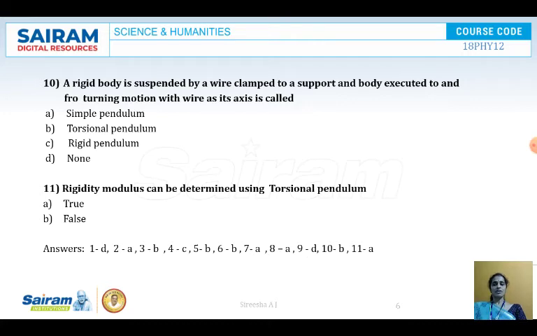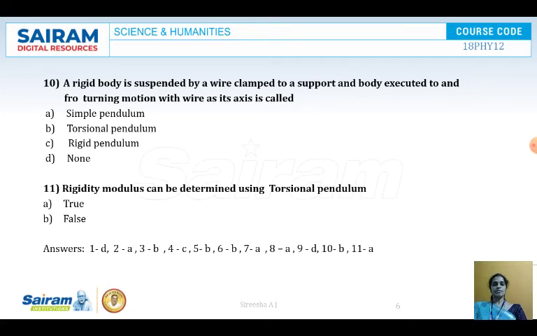This is called option B, torsional pendulum. We have seen the torsion of a cylinder, and we will do the torsional pendulum in the physics lab experiment. So it is a twist. So for 10, option B is the correct answer.